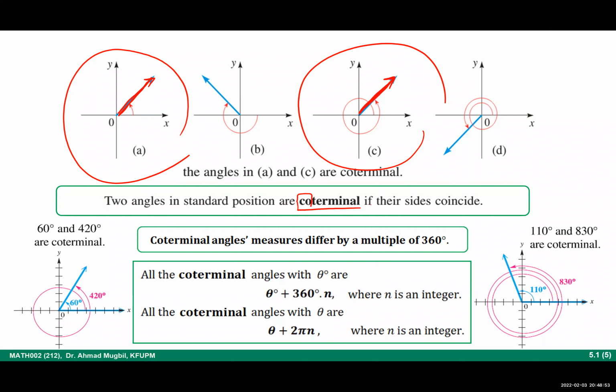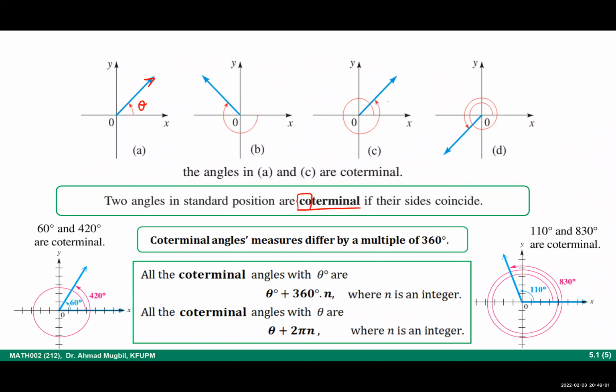What happens exactly is that the angle in C, if we call this theta, is in fact theta plus 360. So we have here another full rotation. The coterminal angles' measures differ by 360 degrees, or 2 pi in the case of radians.